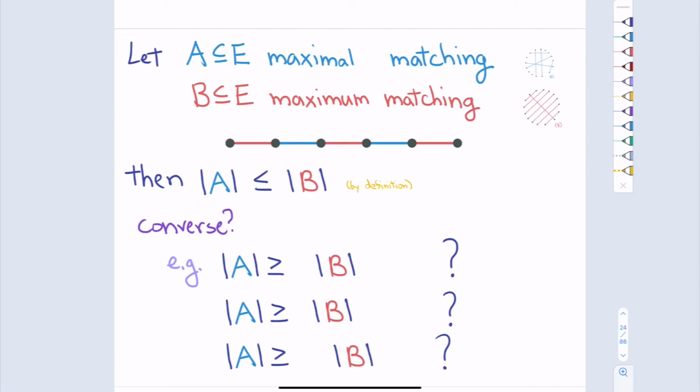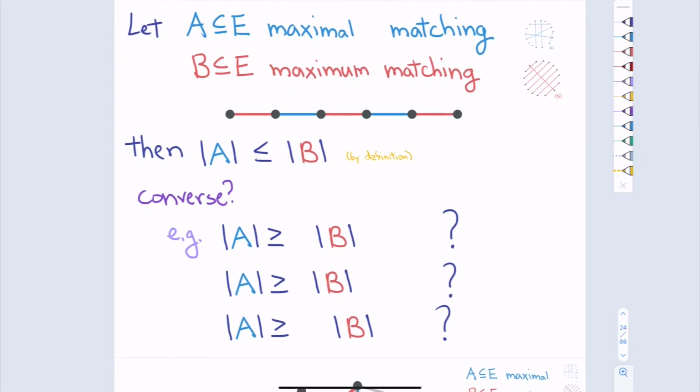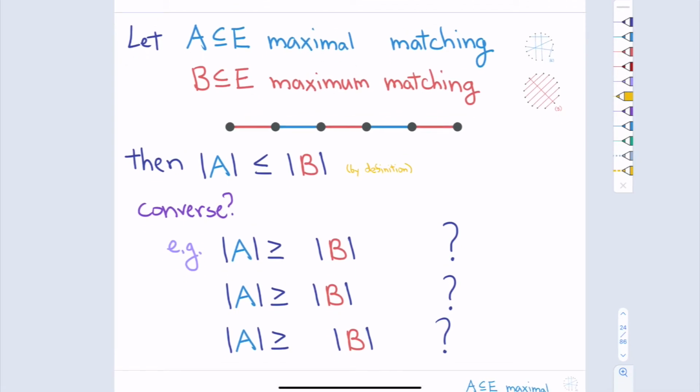Is it possible that any maximal matching is at least 1% of any maximum matching, or maybe the square root of a maximum matching? Is there any connection? What is the most exaggerated difference I can think of between a maximal matching and a maximum matching?